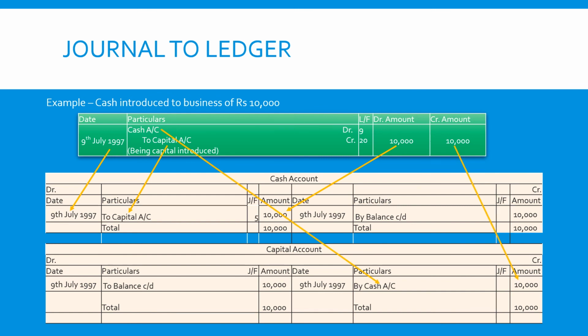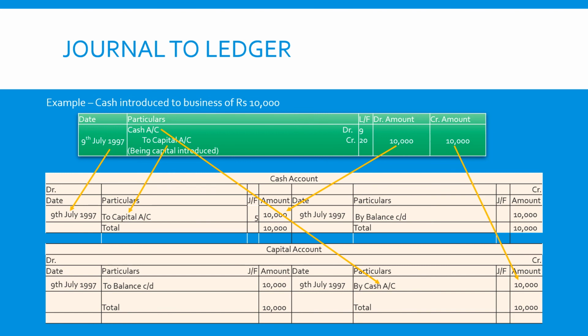Similarly, when I'm going back to my capital account, because it's a credit, I go to my credit side and write cash account, the opposite account. Basically, we go to the side of the account that is credited or debited, and we mention the opposite account of that particular transaction.